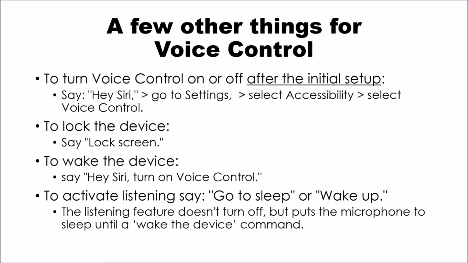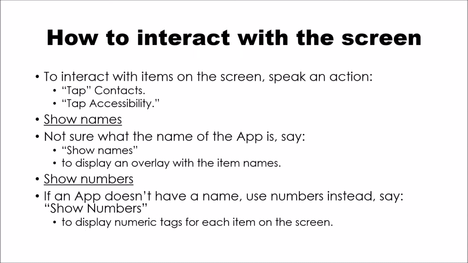Go to sleep, wake up, tap contacts, tap accessibilities. Now, even further, and I'm going to show you what this looks like in a next slide, you can also, using voice control, say, show names, show numbers.